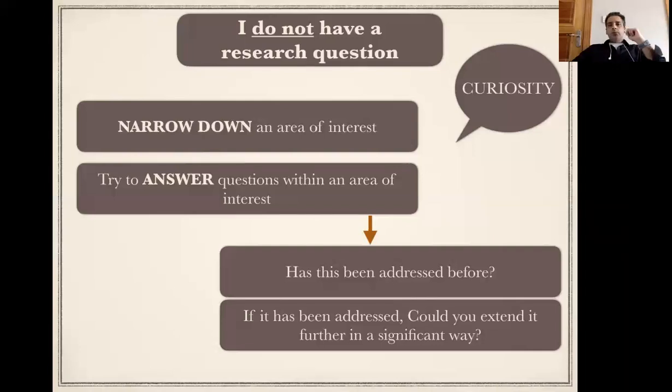Number two, try to be more curious about that existing literature and see if you can find any gap in that literature and carry that research a step further. But moving a step further, you need to make sure that it has to be of significance. It has to be of importance. So this is how you move if you do not have a research question.